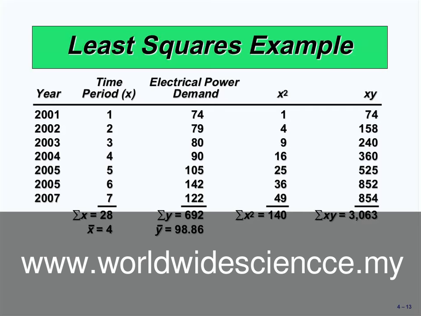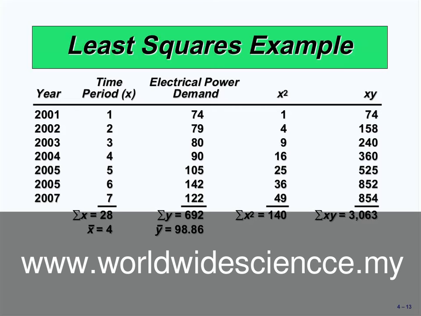Y bar is the average of Y. Sigma X is the sum of the time periods: 1 plus 2 plus 3 plus 4 plus 5 plus 6 plus 7 is equal to 28. 28 divided by 7 is equal to 4. X bar equals 4, and Y bar equals 98.86.